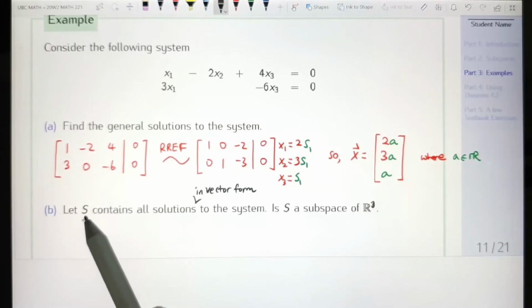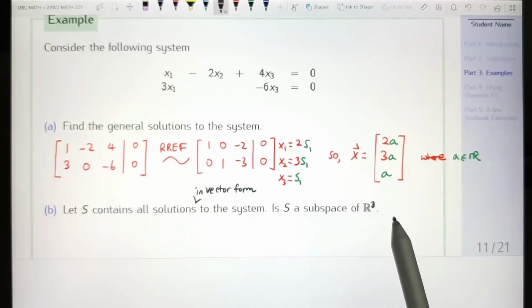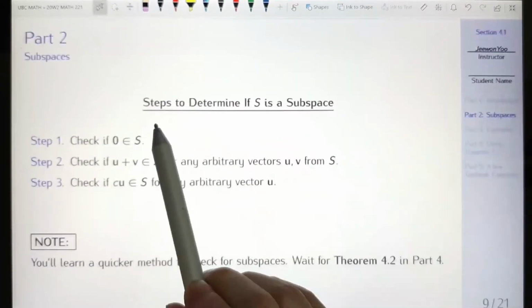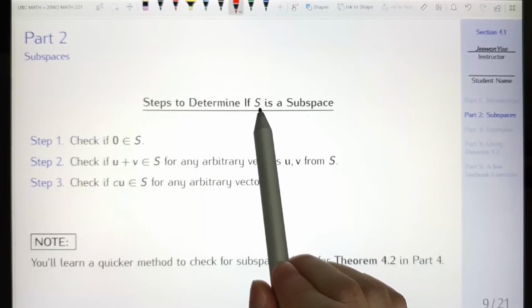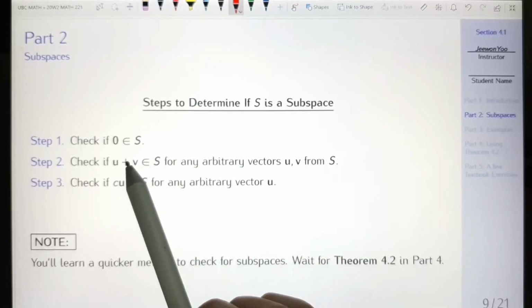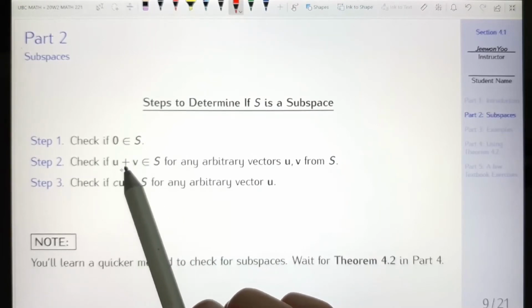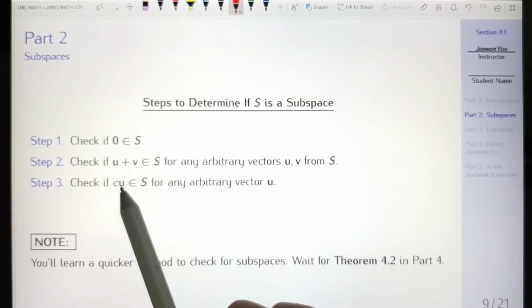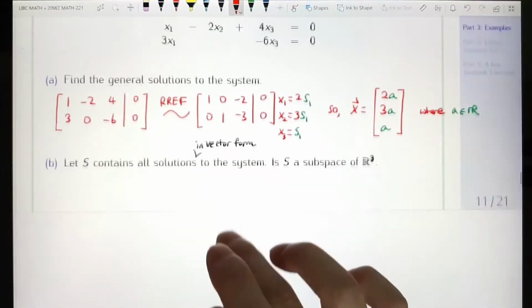So this set contains many, many vectors, okay? Now the question is, is the set S a subspace of R3 or not? Just like we did before, in order to find out whether S is a subspace or not, we need to check whether 0 is in the solution set, u plus v is in the set, or cu is in the set. So let's check those 3 things.